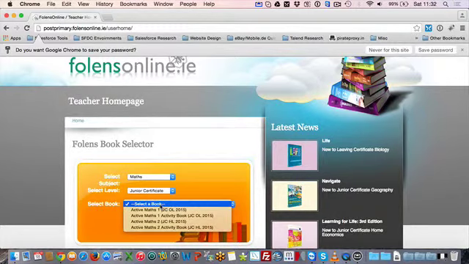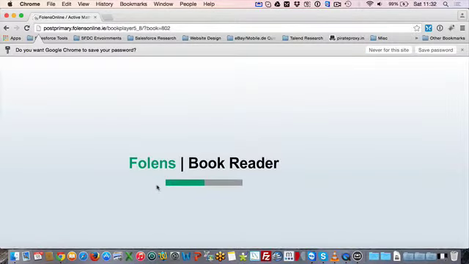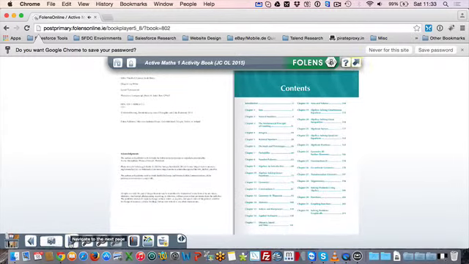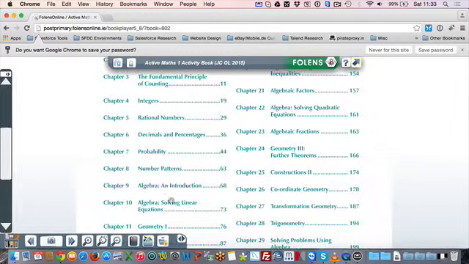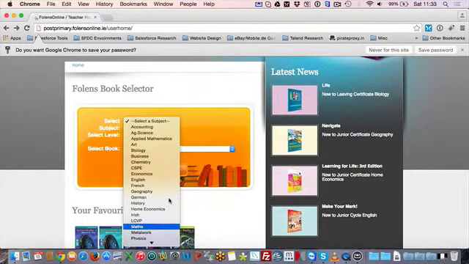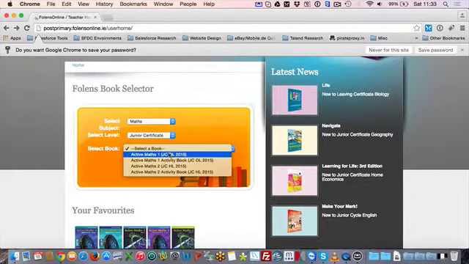Junior search. Maths. 15. Open. That's your book, isn't it?